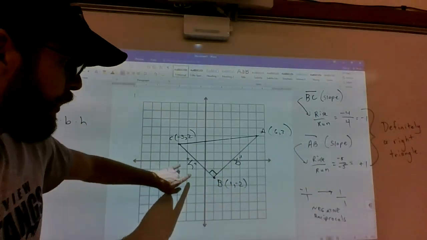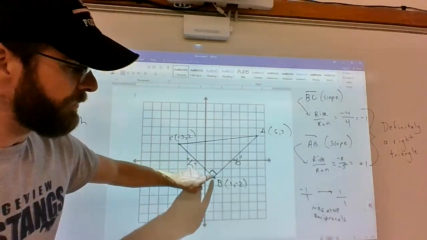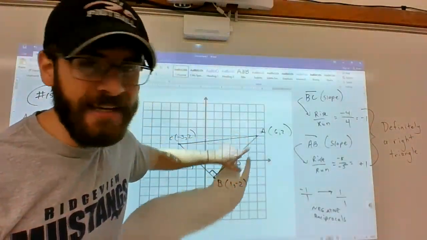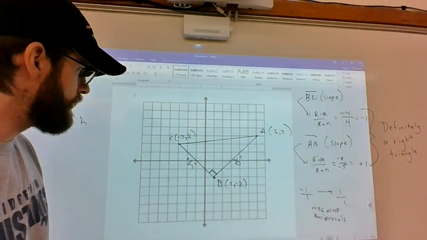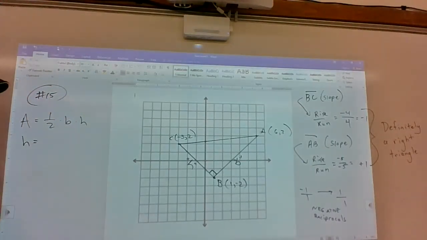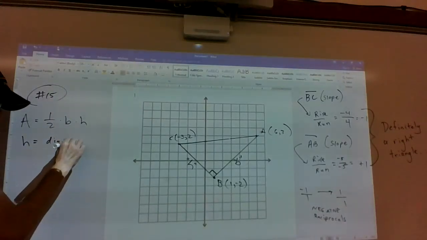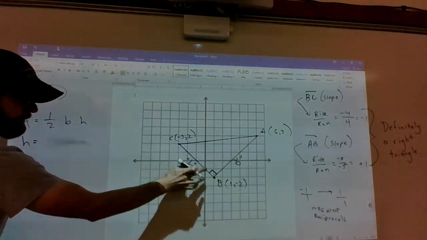So if we need to figure out what the length of h is, then you can use the distance formula of CB to figure that out, or the distance formula of AB to figure that out. So the distance between CB, h equals basically the length of CB.